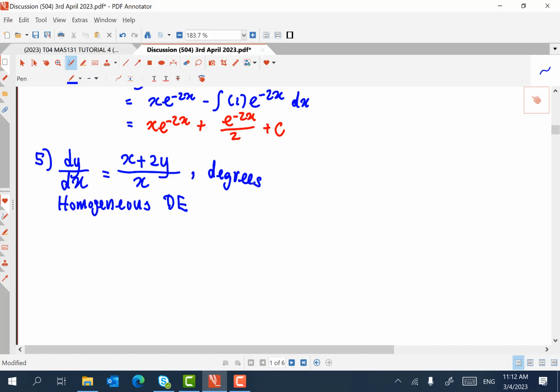The degrees of every term in the numerator and the denominator, they all have degree 1. When an equation is such that it's a fraction, and the degree on the numerator and the degree on the denominator for every one of them is the same, we call this a homogeneous DE. And to solve this DE, there's a known method, you know.